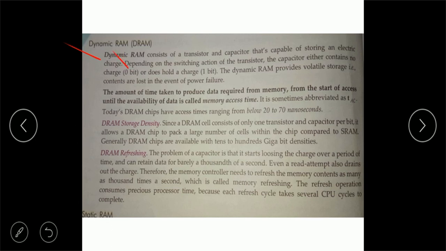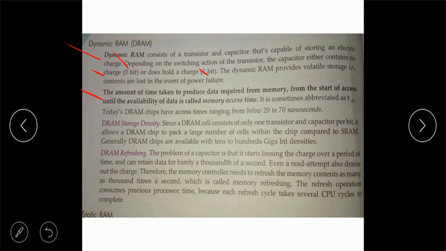When the transistor is on, or when the charge is passing, it stores 1, and when the charge is not passing, it stores 0. The dynamic RAM provides volatile storage, that is the contents are lost when the computer is off or when a power failure comes.